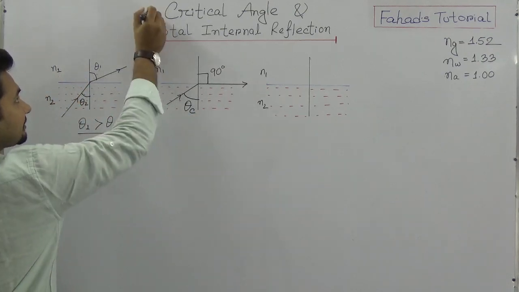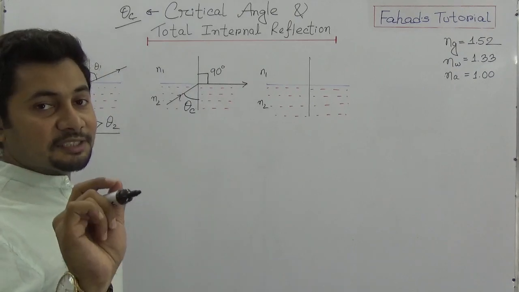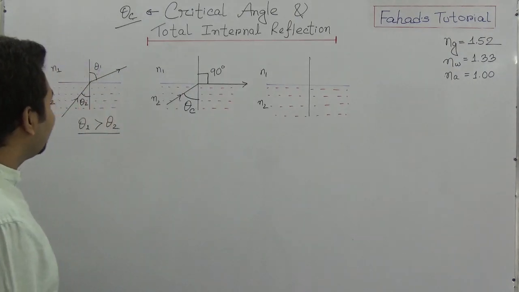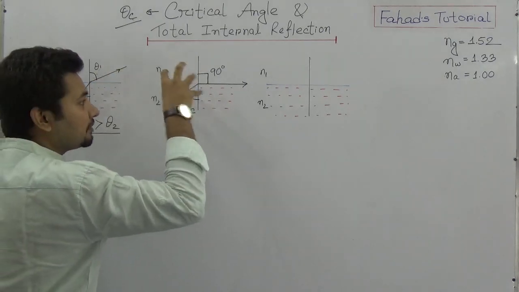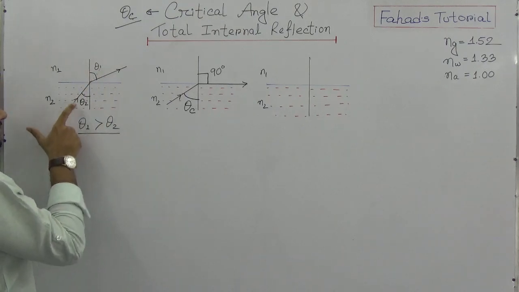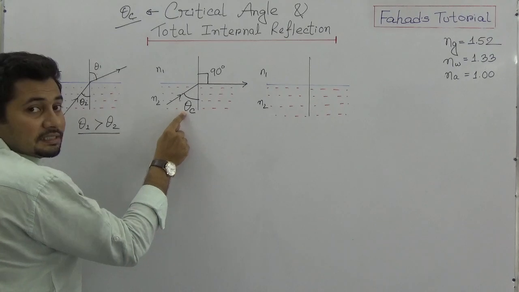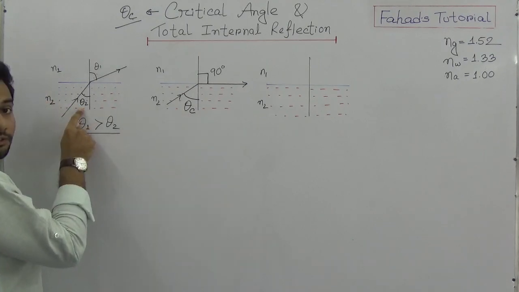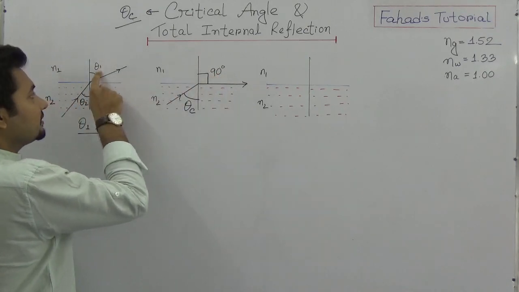That theta C is the critical angle. C is for critical and theta is the expression of angle. This is the second part of the same image, with theta 2 and theta 1. This theta C is greater than theta 2, but the 90 degrees is also greater than theta 1.